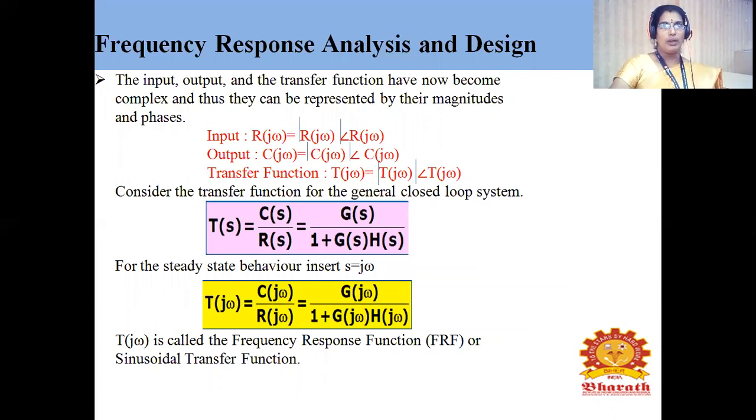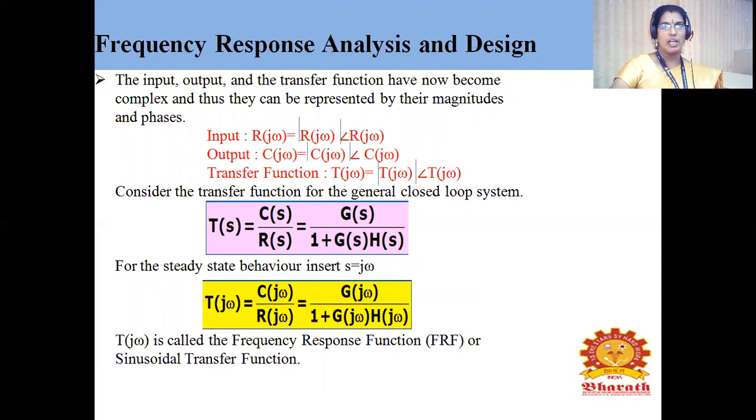Now, the input, output, and the transfer function have become complex, and they can also be represented with their magnitude and phase. Whenever you take the equation, there will be a magnitude and a phase angle. So for the input, output, and the transfer function, we can represent the magnitude and the phase angle as given. For the input, R of j omega is equal to the magnitude of R of j omega, and the angle of R of j omega represents the phase angle.